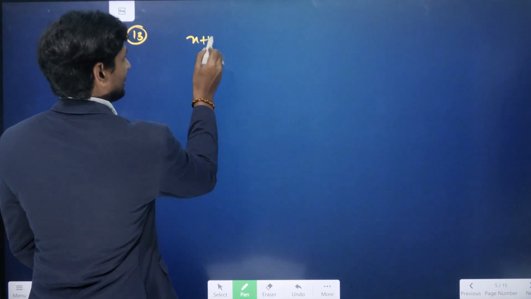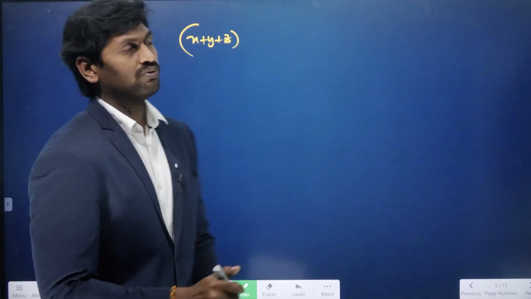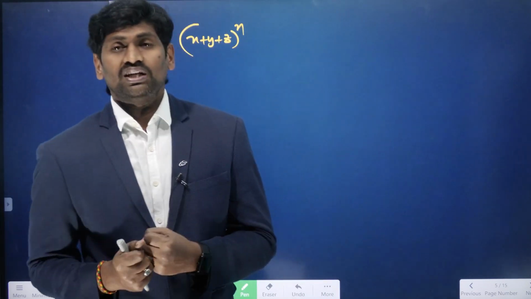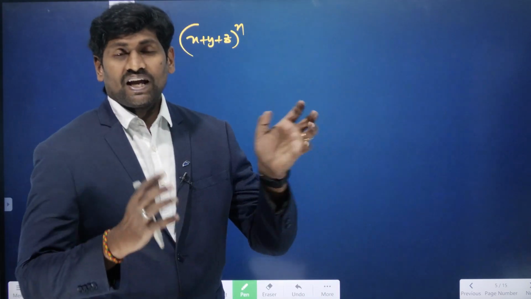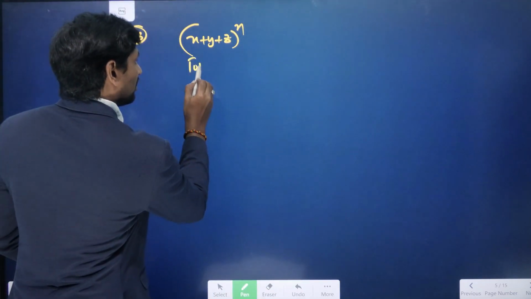The 13th problem is given that the number of terms in the expansion of (x plus y plus z) whole power n equals 36. Okay, so we need to find the value of n. So we know already, whenever you are observing a binomial or multinomial, we can identify the number of terms formula, or total number of terms formula.